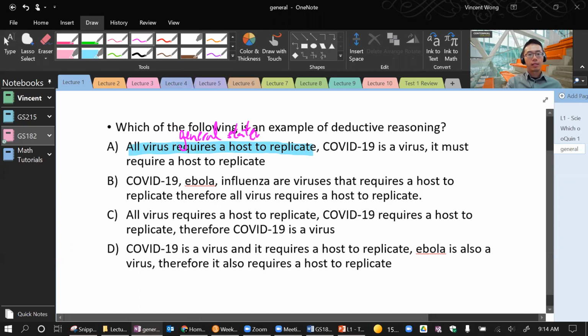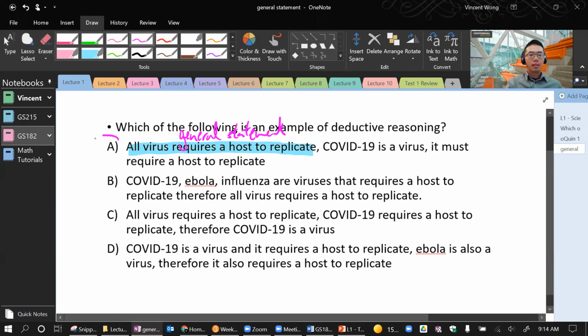It's like saying all living things are made up of cells. And then it says COVID-19 is a virus, so it must require a host to replicate. Based on what we said in the study guide, the example I gave was all living things are made up of cells, and the furry thing is a living thing, so it must be made up of cells. So this is the same kind of logic, right?